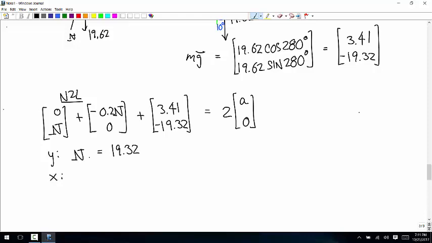And the x equation says negative 0.2 times 19.32 plus 3.41 is equal to 2a.